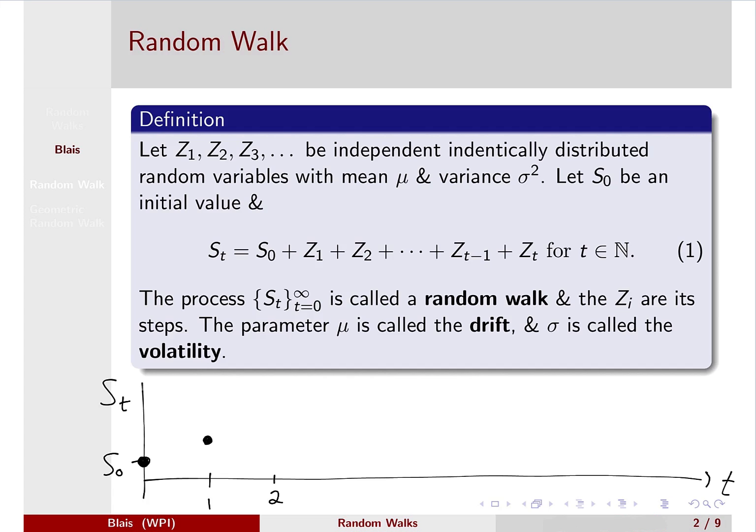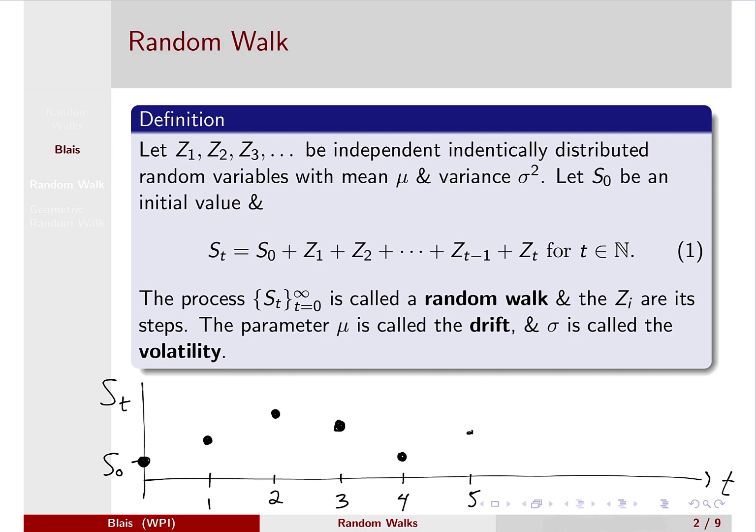Suppose then Z2 is also positive, so S2 is S naught plus Z1, so this value here, plus Z2, another positive step, and we get here. And we continue this way. Suppose that the third step is a negative step, and so our process moves down. If the fourth step is negative, we move down again.